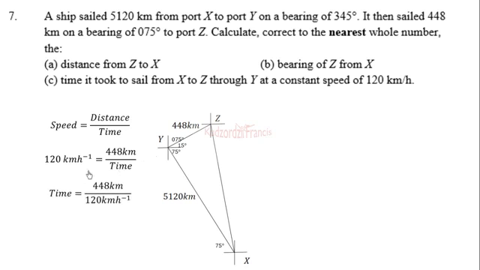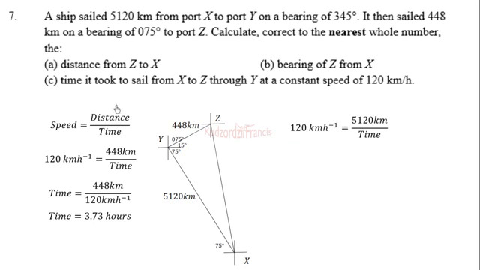We can swap this and this to get this equation, and when we calculate 448 over 120, we get 3.73 hours. So that is the time it took from Y to Z. Now we need to calculate the time it took from X to Y. In this case, we have to substitute the distance 5,120 kilometers.